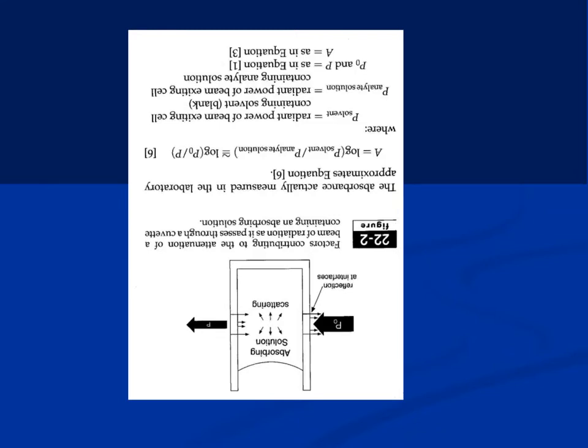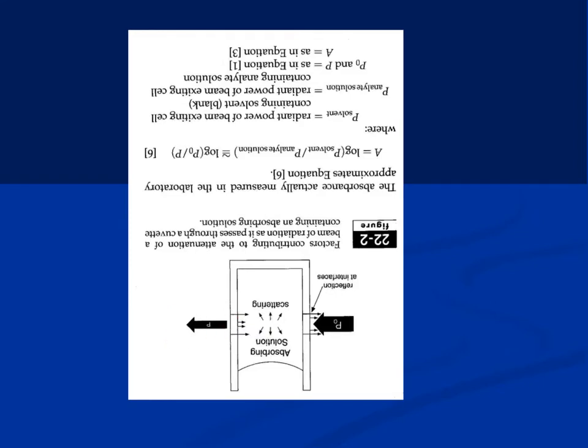Okay, so this slide is upside down, so please bear with me. I'm going to discuss a few things which we discussed before also, but this shows you how various things can happen when incident light is shining through the absorbing solution, and how it can change while it's coming back out.